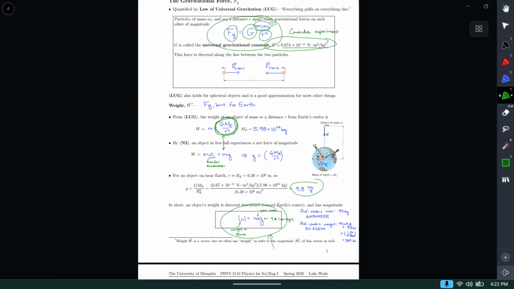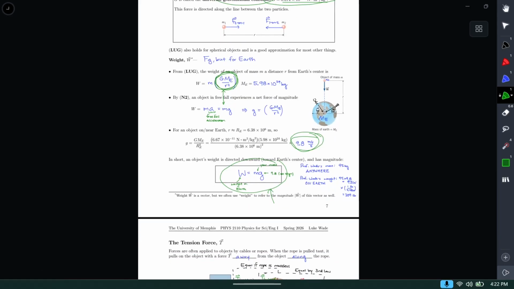The only thing is, if you're anywhere close to the Earth's surface, and that can be within a few kilometers of the Earth's surface, you can go up kind of high, and this is still pretty close to true. Anywhere close to the Earth, that number you calculate will be about 9.8. It'll get smaller as you get farther away from the Earth, but not significantly until you're pretty darn far away from the Earth. So that's the difference between big G and little g. Big G is a universal number. It tells you about gravity everywhere. Little g is an Earth number. It tells you about gravity here.